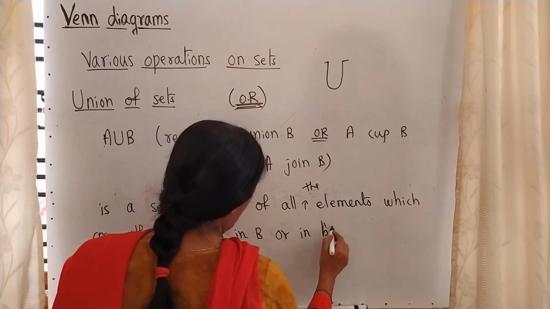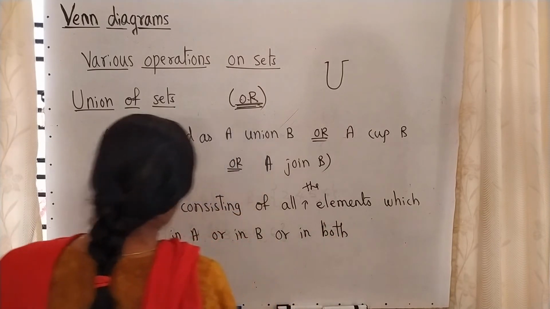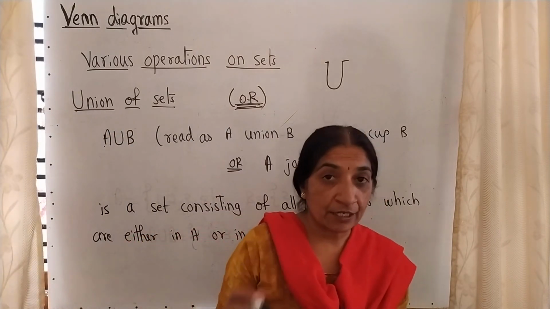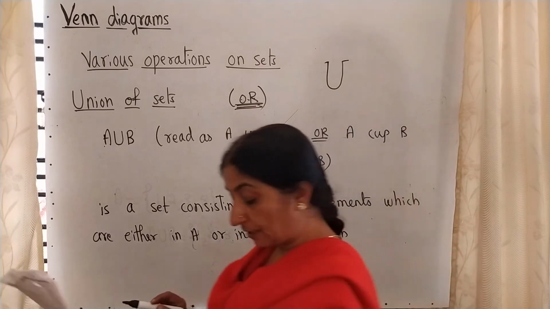Understood? Now how are they connected with the word or? If they belong to either set A or set B or both A and B.